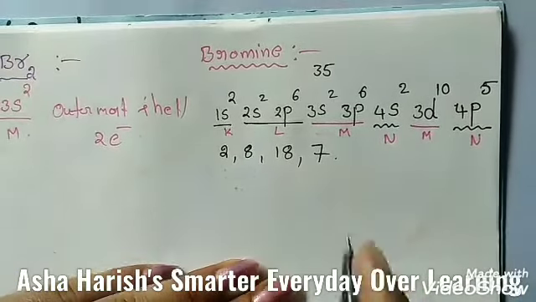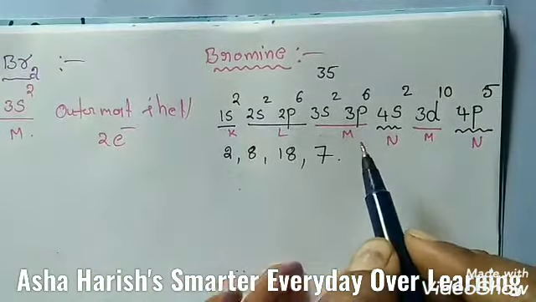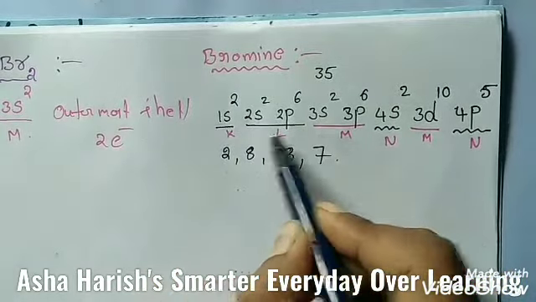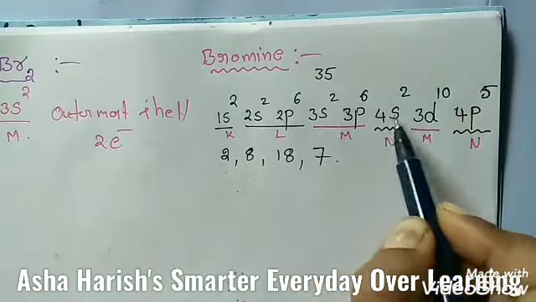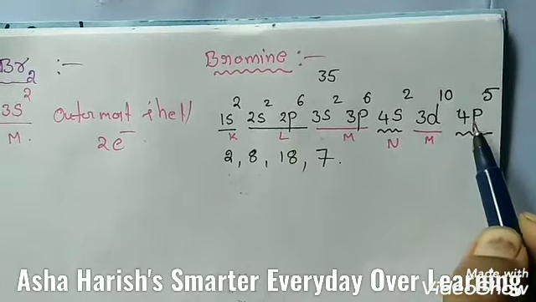Bromine atomic number 35 and its electronic configuration is 1s2, 2s2, 2p6, 3s2, 3p6, 4s2, 3d10 and 4p5.